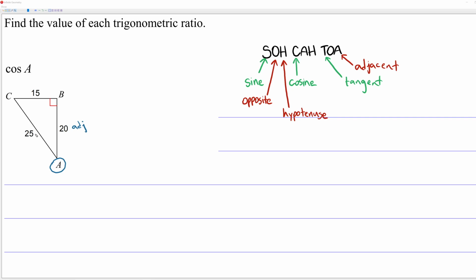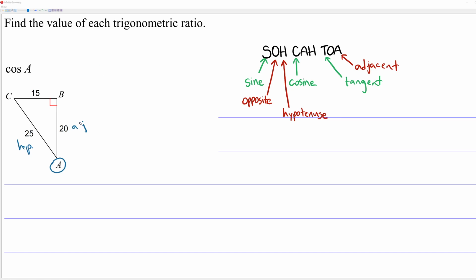Even though 25 is also adjacent to it, 25 is the hypotenuse. And the cosine ratio is adjacent over hypotenuse. So it's 20 over 25. Now reduce your fractions if you can. This one reduces to 4/5. So the cosine of angle A is 4/5.